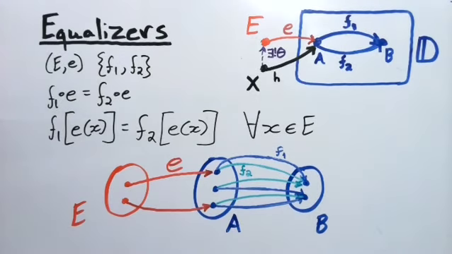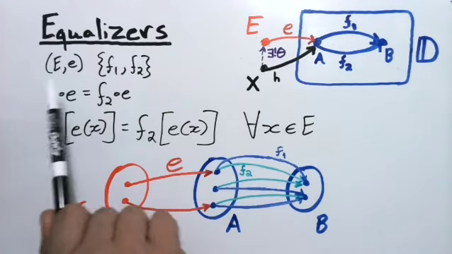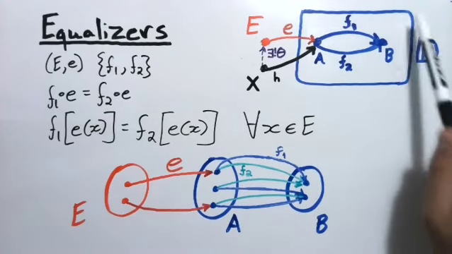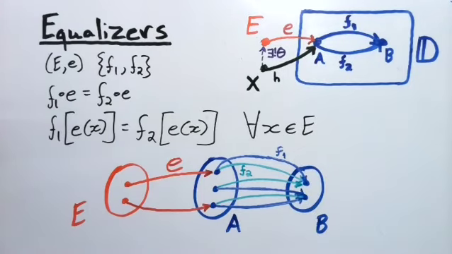So this is enough to guarantee the commutativity property, so we know that E is a cone over this diagram here. But how do we know that it's a limit when these are set-like objects?